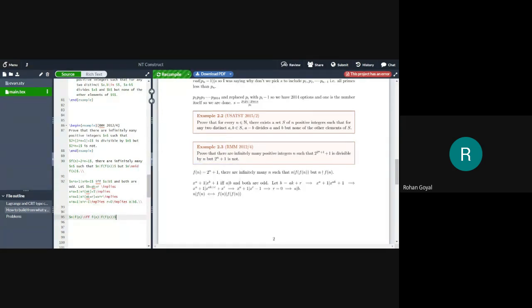Do you see this now? n divides f of n if and only if f of n divides f of f of n. n divides f of n implies f of n divides f of f of n. Do you see that? Yes. And do you see why f of n divides f of f of n implies n divides f of n? So if n satisfies our condition, so does f of n.